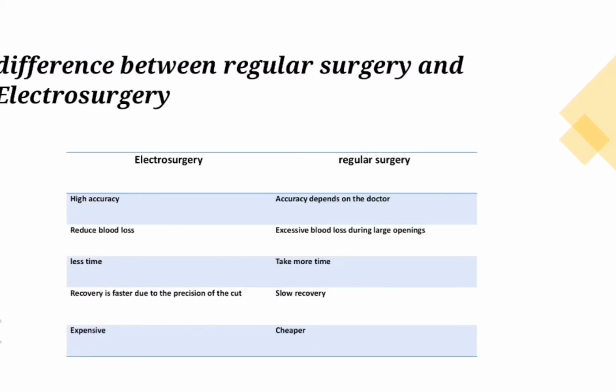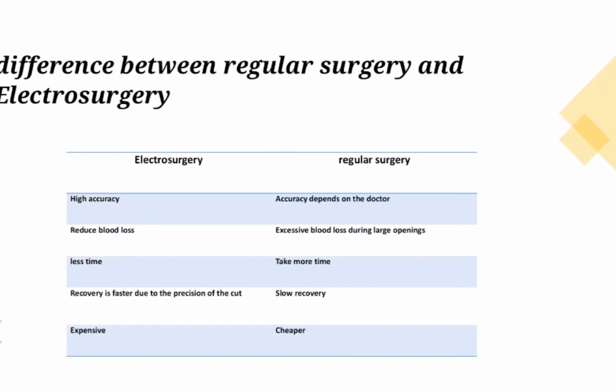So in this part, I will talk about the pros and cons of electrical surgery and regular surgery. So electrical surgery has high accuracy. On the other hand, regular surgery accuracy depends on the doctor.